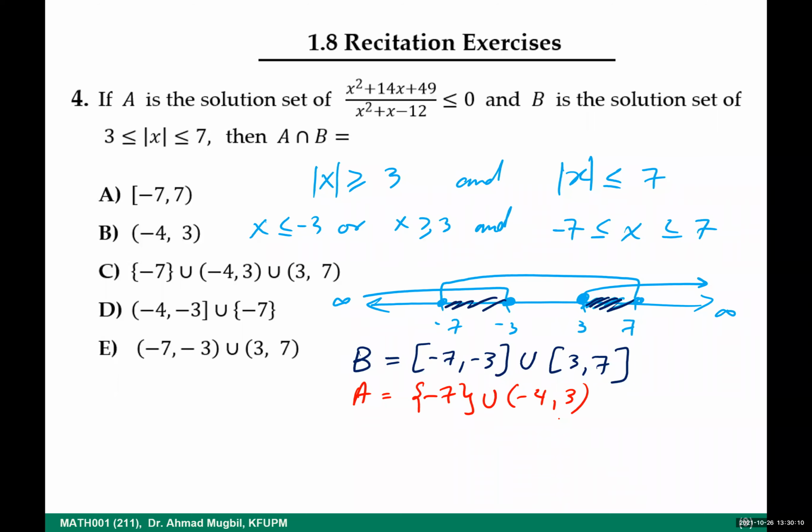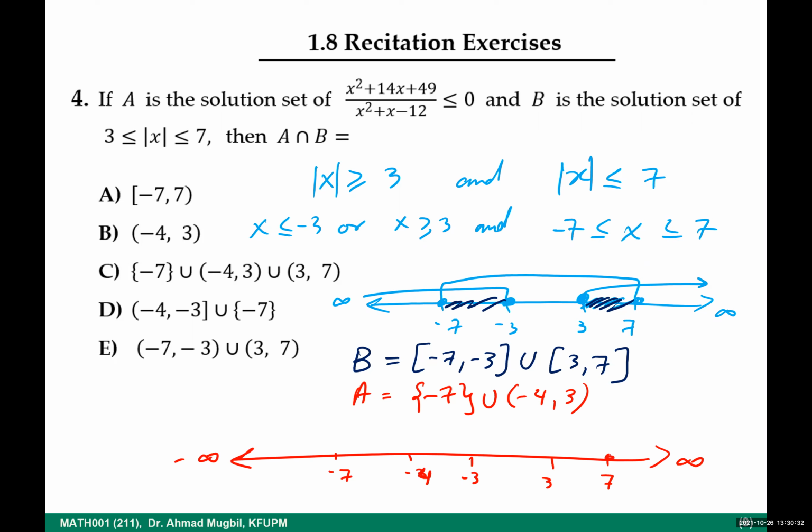Now, what is the intersection of these two? It is better to draw them on the same number line to find this surely. So negative 7 to 7, and here negative 3, and here 3. We have negative 4, so let me write also negative 4 here.